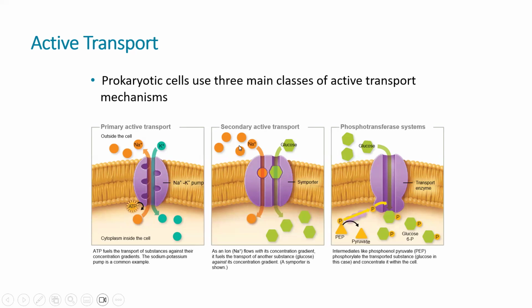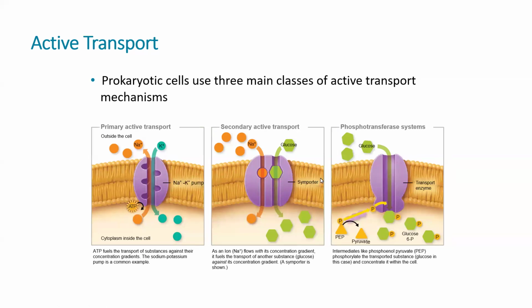And the sodium is going to be pumped into the cell along its concentration gradient. And that actually allows fuel for glucose to be pumped into the cell against its concentration gradient.